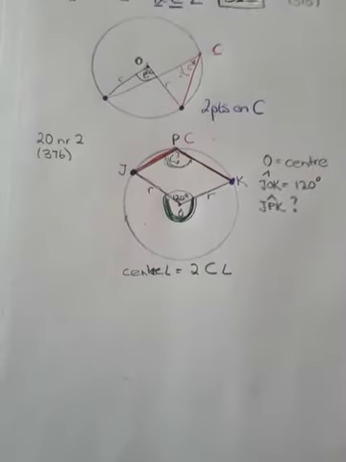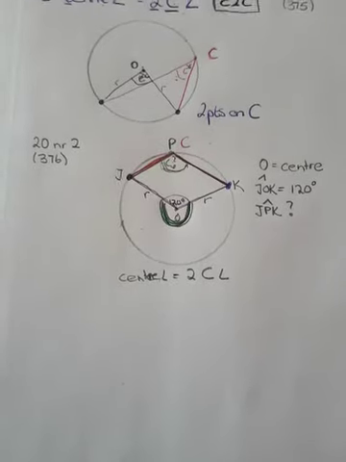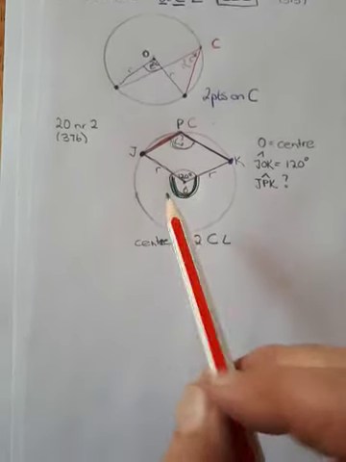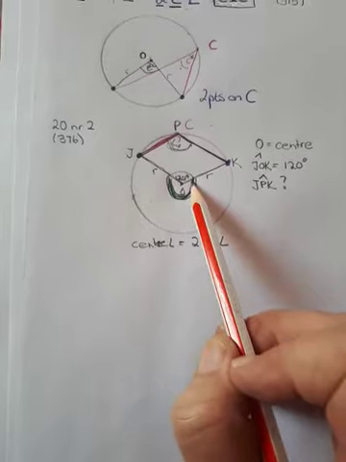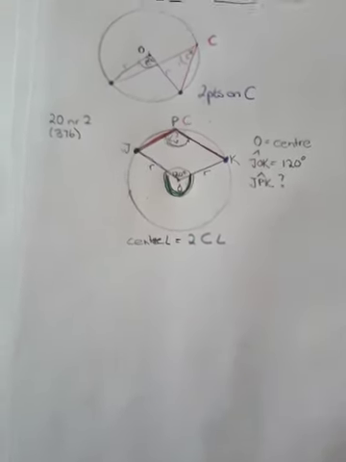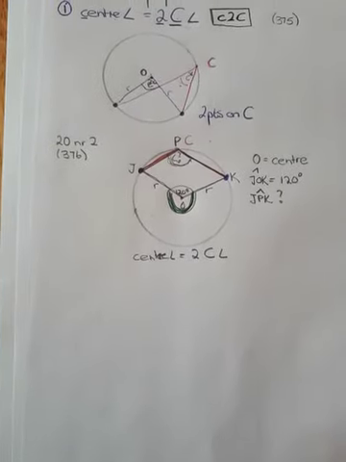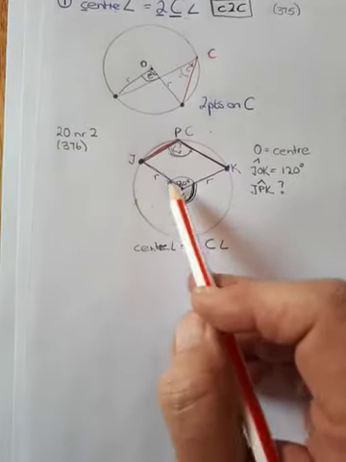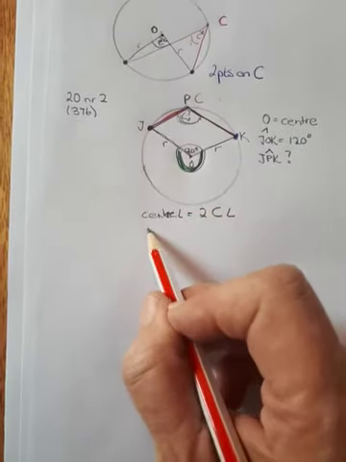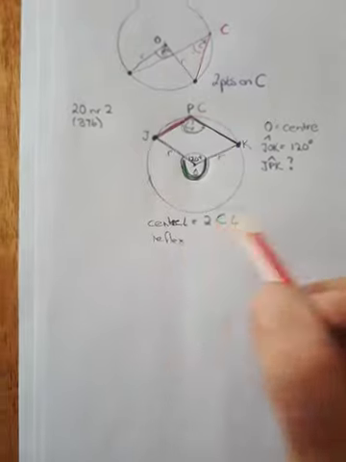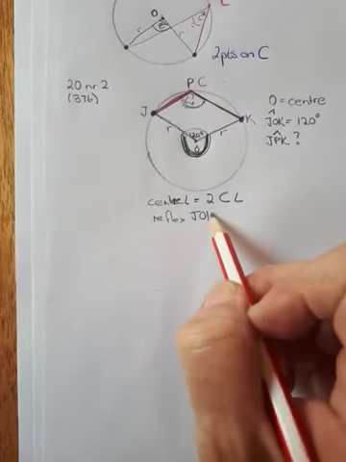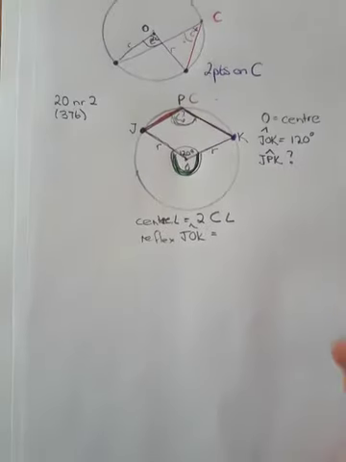Okay, so now let's try and solve it. If you look at this, you don't have this reflex angle. But people, we can calculate that, isn't it? How do we get this reflex angle JOK?